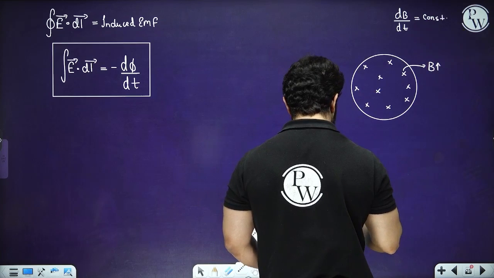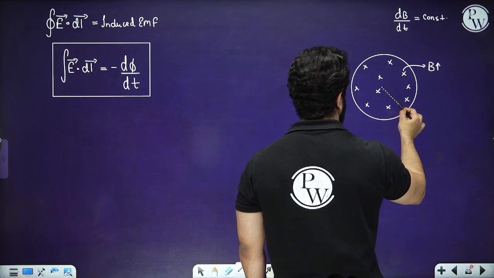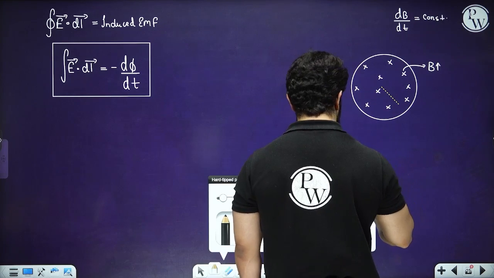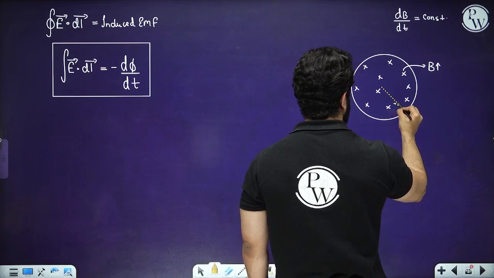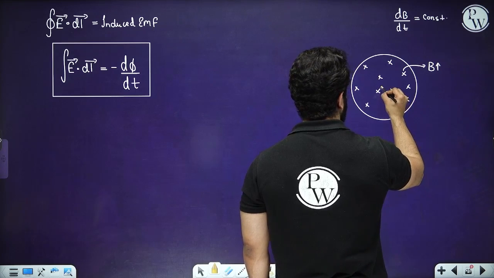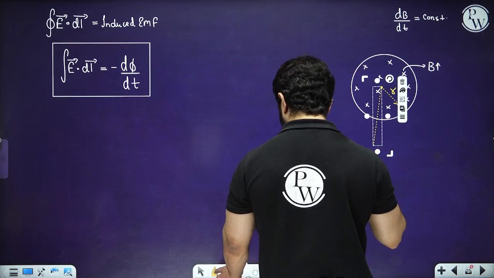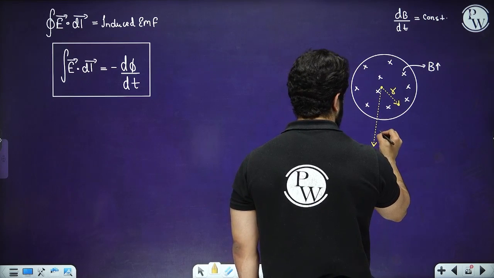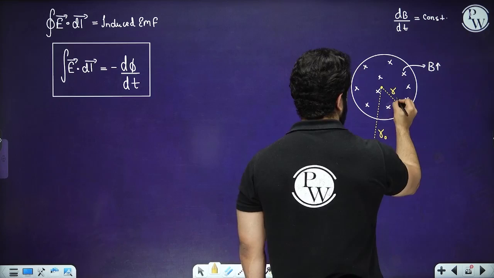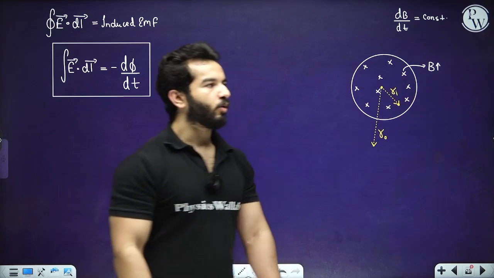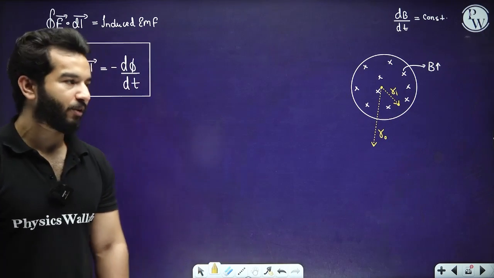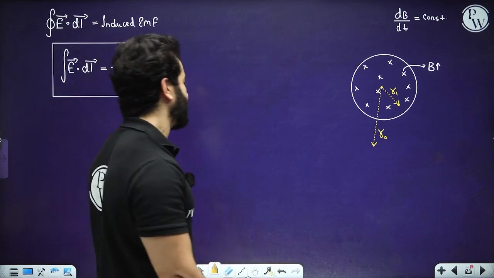And you want to find out the induced electric field at 2 different points. One is somewhere inside, that means at some point R_I, and at another point outside, let's say this is R_O, that is R_I. You want to find out the induced electric field, not magnetic field, at these 2 points.